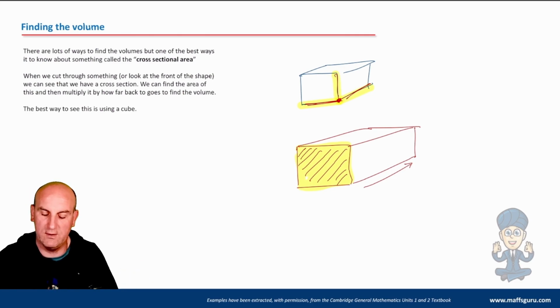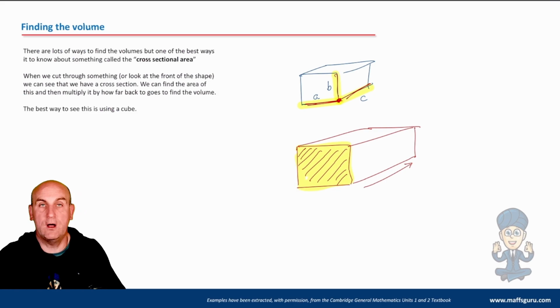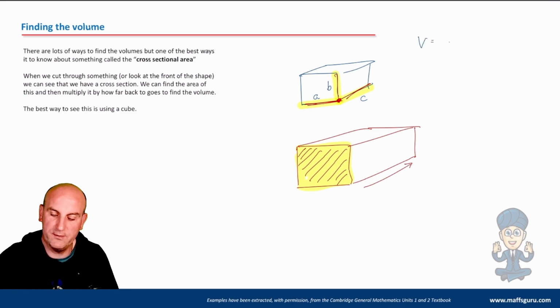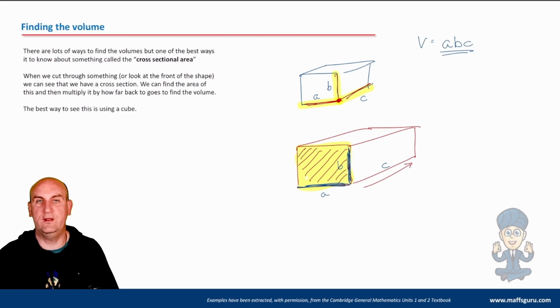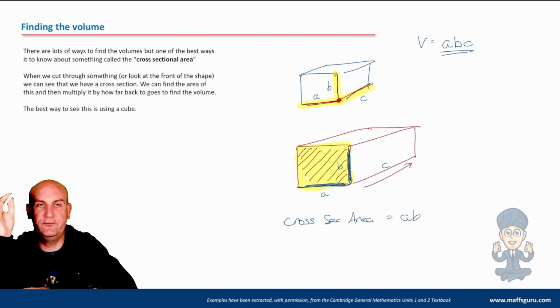Does that work? Well, let's imagine that this here is A, and that is B, and that is C. I've just told you if I wanted to find the volume of that shape, the volume would be given by A times B times C. Now, let's do the same thing here. I've got A, B, and C. If I know that this is A, and that is B, what is the area of the front? Well, my cross-sectional area is going to be AB, because you multiply those two together.